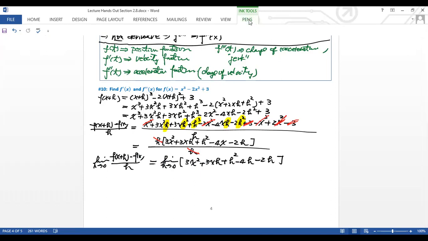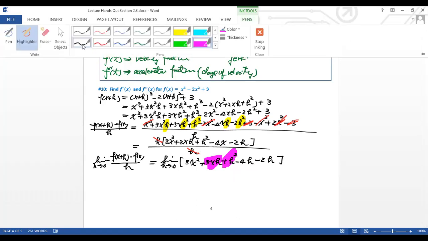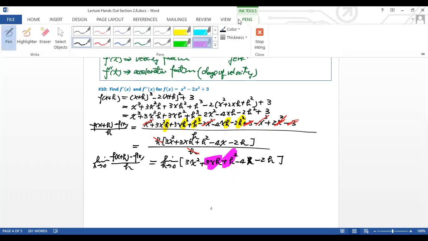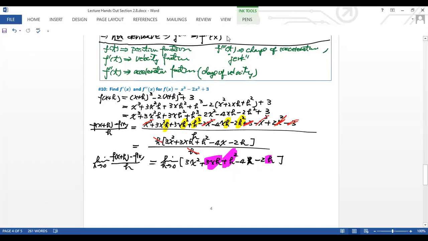And I know here for h equal to 0, this term disappears, this term disappears. Okay, so I'm not careful. So this is minus 4x here, and this is minus 2h here. This disappears. So what is my final answer here? It will be 3x squared minus 4x. Right, so what is this here? This is my first derivative, right?